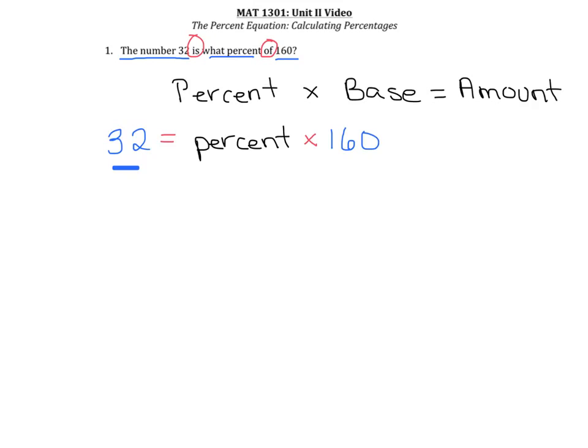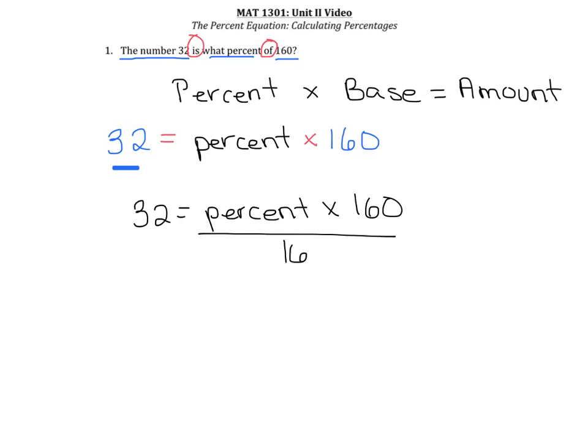Now I want to solve for the percent. I'm going to rewrite my equation, and I want to get the percent by itself on the right-hand side. Since 160 is being multiplied by the percent, I'll do the opposite and divide by 160 on both sides of the equal sign.